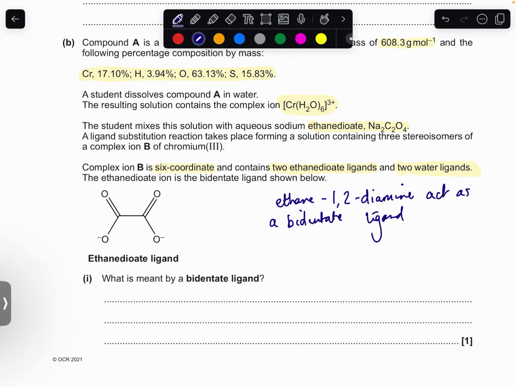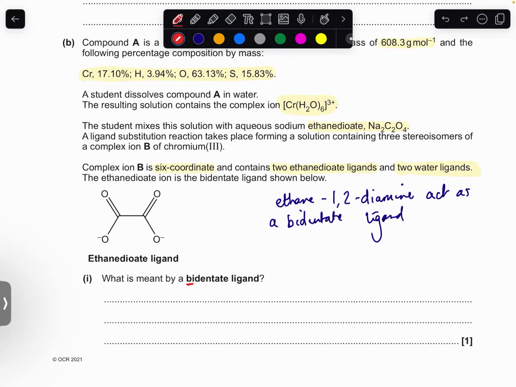In this case, you've got the term bi, meaning two. Dentate is like a dental word, like teeth. The ligand donates a pair of electrons to form a coordinate bond, but because you've got bi, it refers to two.